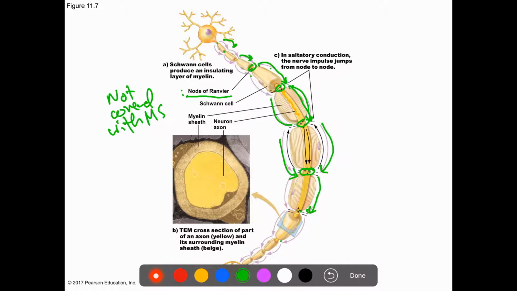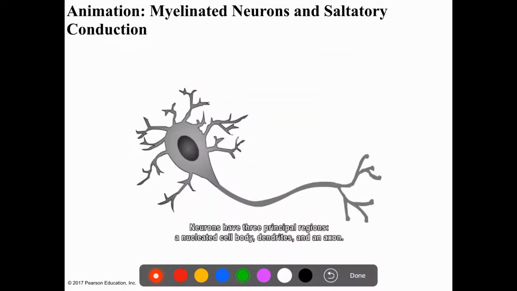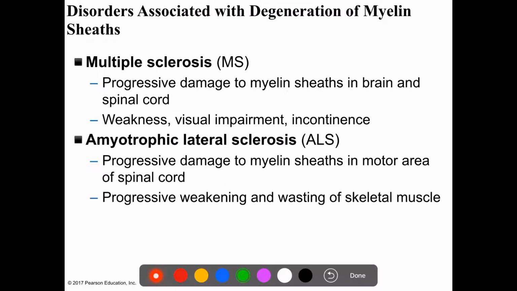And that is the saltatory conduction of impulses in these neurons. Now, this is a video about the myelination and the saltatory conduction. Please watch it. It will help you.